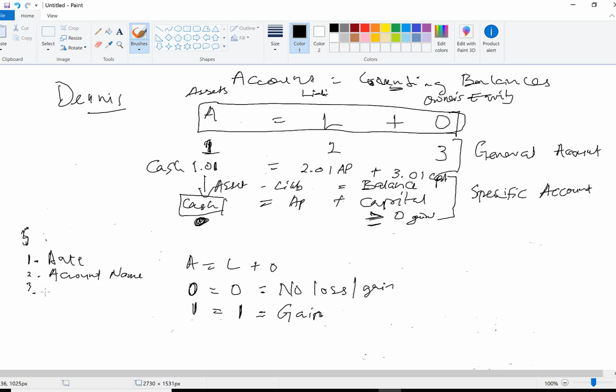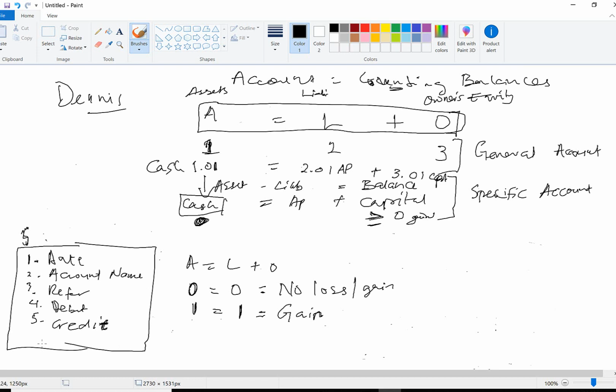Number three, refer. Number four, debits. Number five, credits. Right? That is what we need for this general journal to work.